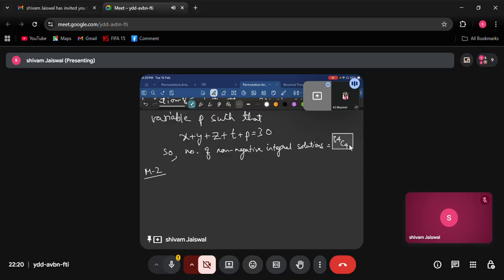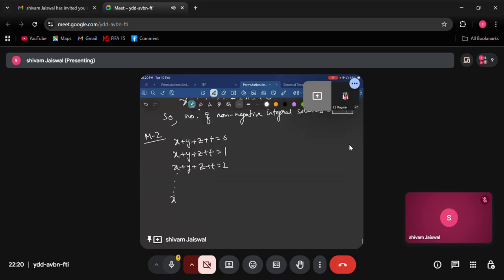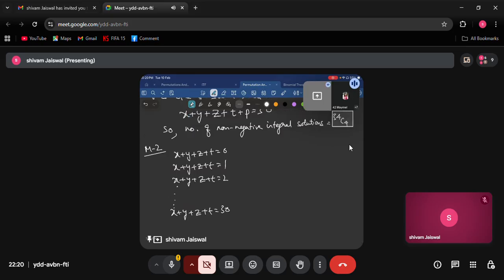Okay, I'm doing the simplification. Method 2. Everyone, this method is done by Omnini. So basically, you need to find out the number of non-negative integral solutions of x plus y plus z plus t equal to 0, x plus y plus z plus t equal to 1, x plus y plus z plus t equal to 2, plus dot dot dot, x plus y plus z plus t equal to 30. In the first one, what is the number of non-negative integral solutions?